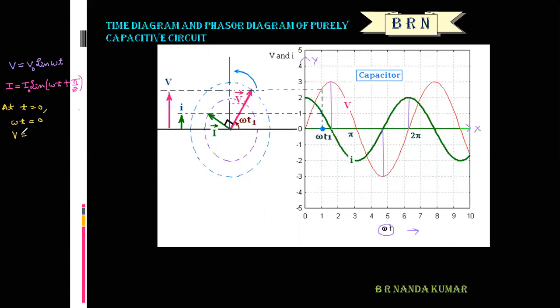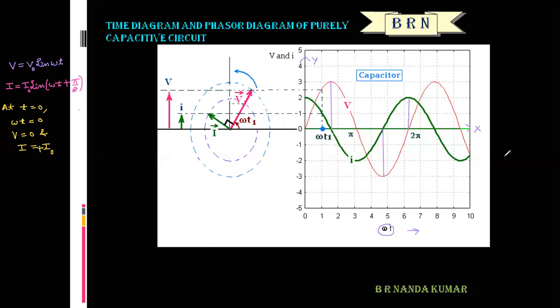The voltage is 0, but the current flowing through the capacitor is not 0. I is equal to I naught sine of 0 plus pi by 2, that means sine pi by 2, which is 1. That means the current flowing through the capacitor is maximum, that is plus I naught.